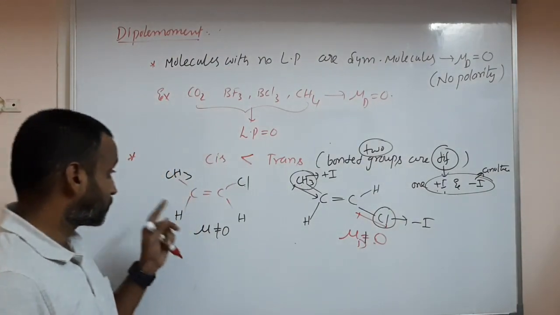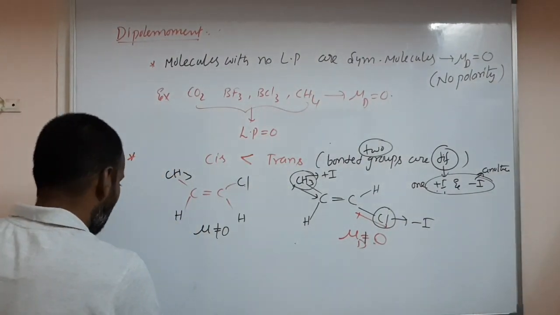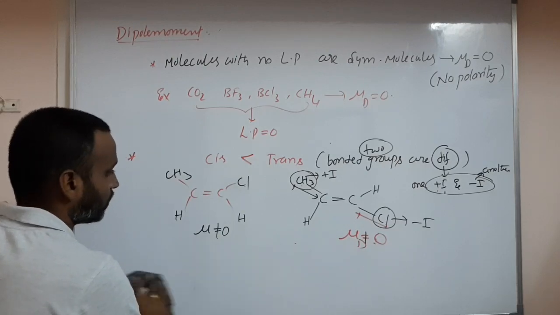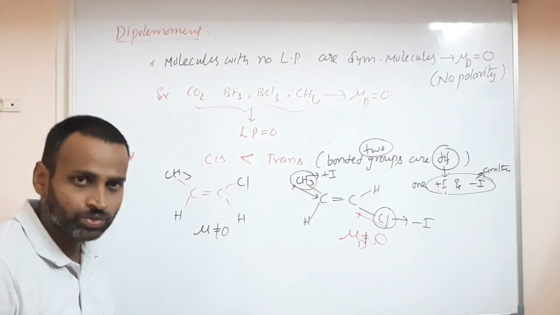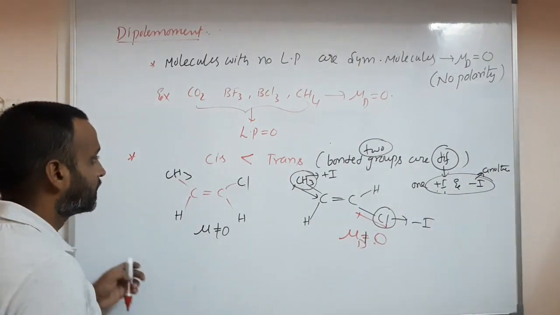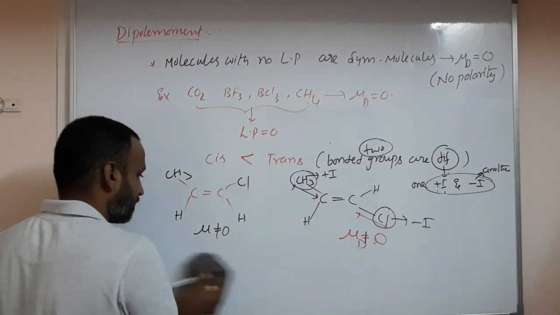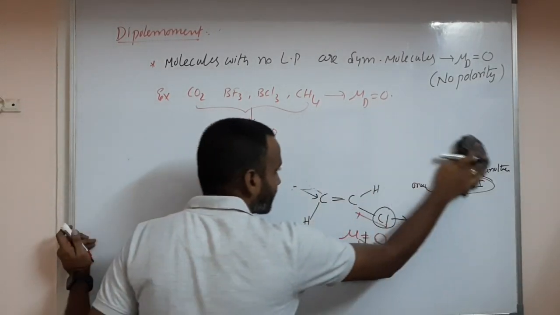Understanding, everyone? So now this trans has more dipole moment. This is a very, very important thing. So we have dipole moment examples in many ways. Dipole moment is a vector quantity.